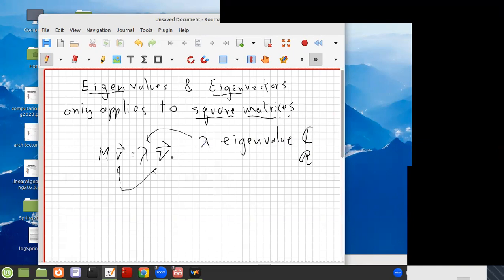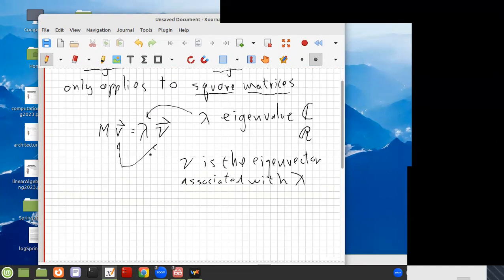Now, if this is true, and you get the eigenvalue lambda here, then V is the eigenvector associated with lambda. So eigenvalues and eigenvectors come in pairs. This square matrix can have multiple eigenvectors and eigenvalues. And so that's the definition of what you mean.